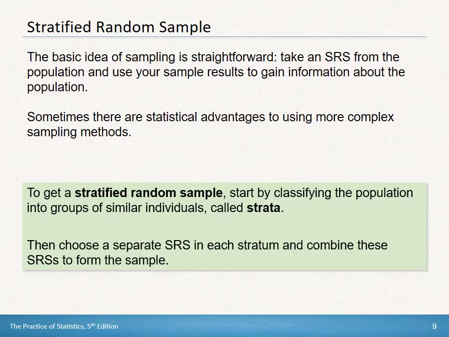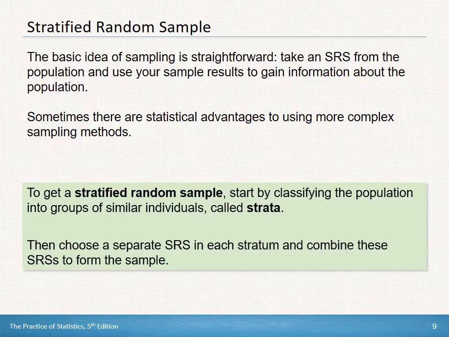So the way that we combat this is we can do what's called stratification. So it's a stratified random sample. What this does is it separates the population by classifying it into groups of similar individuals called strata. Then we choose an SRS from each stratum. So in my K Park heights example, I have freshman, sophomore, junior, senior.